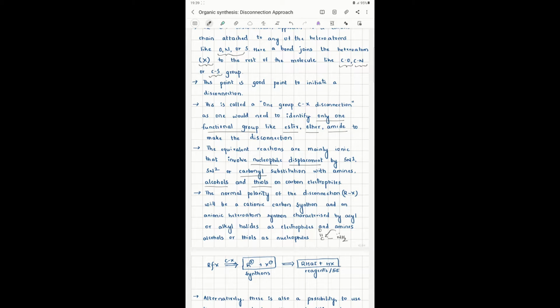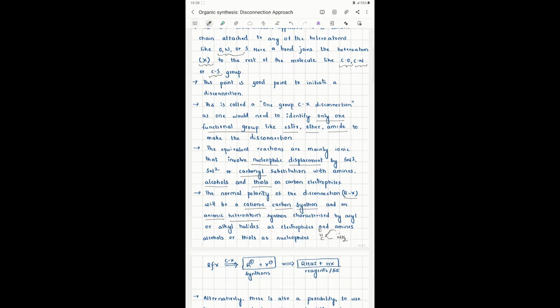The normal polarity of disconnection, when I observe an RX, will be a cationic carbon. That means carbon will carry a positive charge, that is a cationic carbon synthon, and an anionic heteroatom. That means the heteroatom like oxygen, nitrogen and sulfur will carry a negative charge.